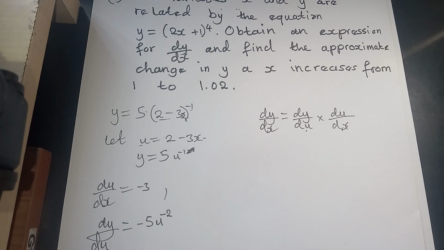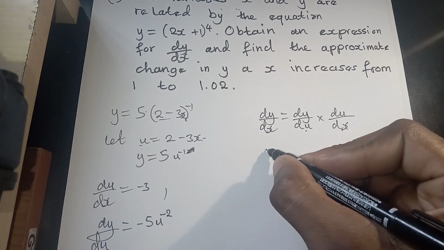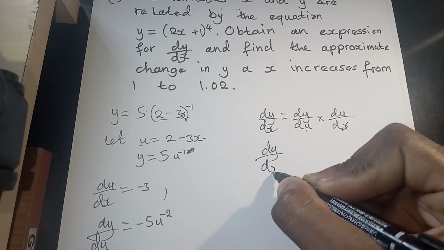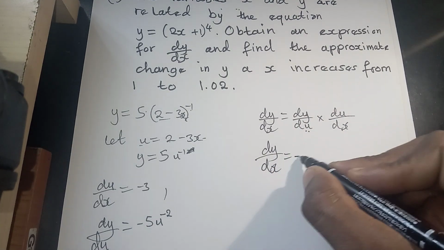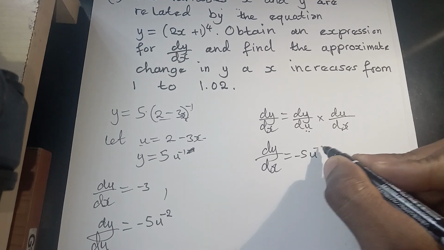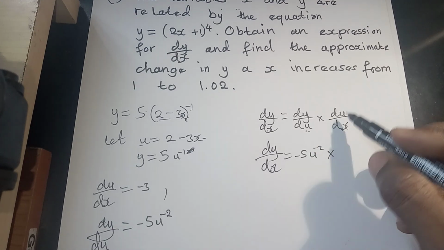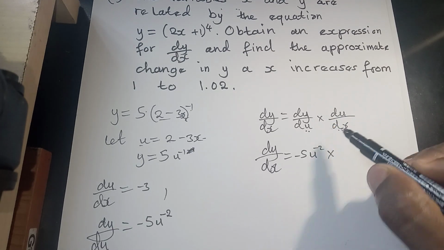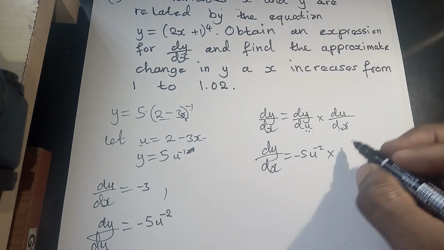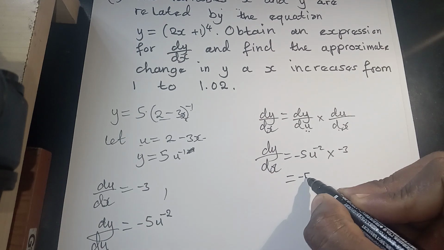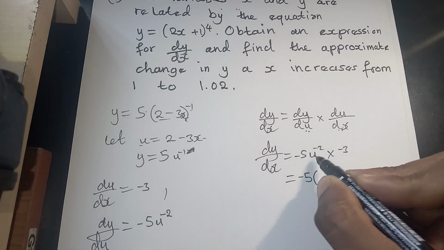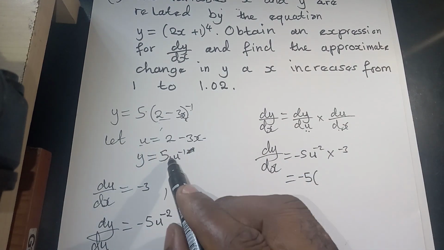And then you can substitute this in there. dy/dx is equal to our dy/du, negative 5u to the power negative 2, multiplied by our du/dx. du/dx is simply negative 3. So you can say 5, and our u is this one here.